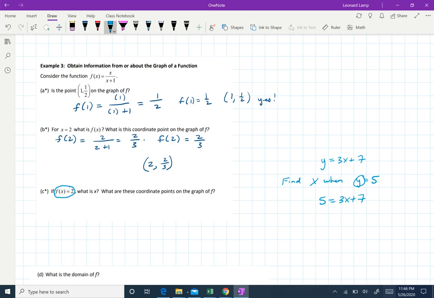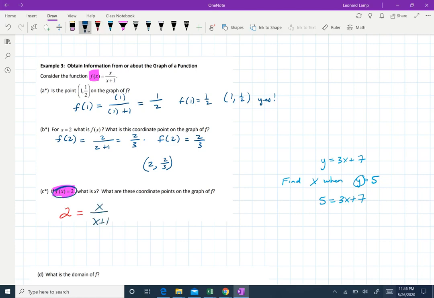So just notice that if they say if f of x is equal to 2, what's x? They're saying f of x is 2. So I'm going to take the original function and plug in the whole f of x is 2. Basically I'm putting 2 is equal to the original function x over x plus 1.